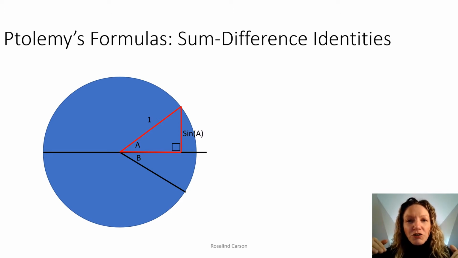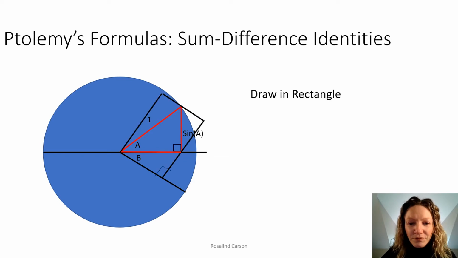I'm just going to highlight it in red because that's our special triangle inside our circle there. I want to look at another movement of angle B that's not equal to angle A. From there, I want to draw a rectangle that will circumscribe and contain all the important information in that picture: angle A, angle B, and the vertices of that red triangle. Here it is. So you can actually construct this.